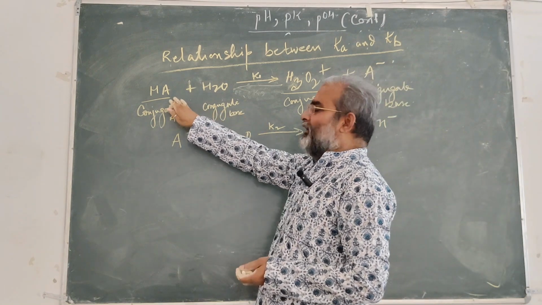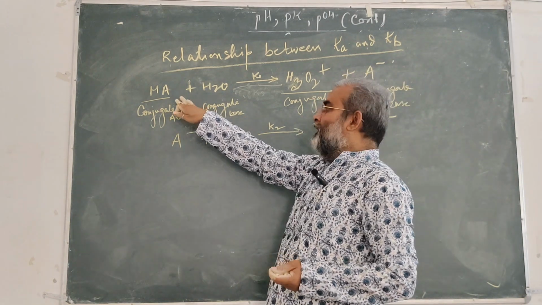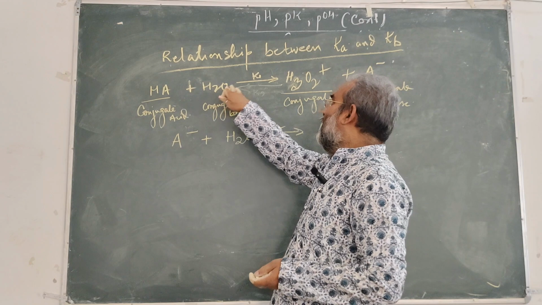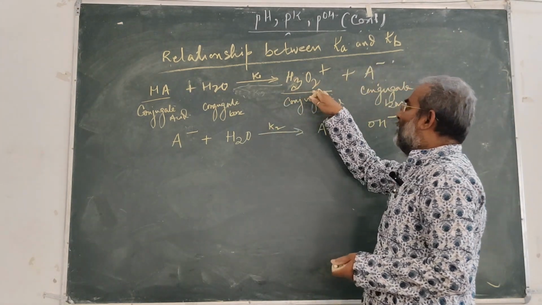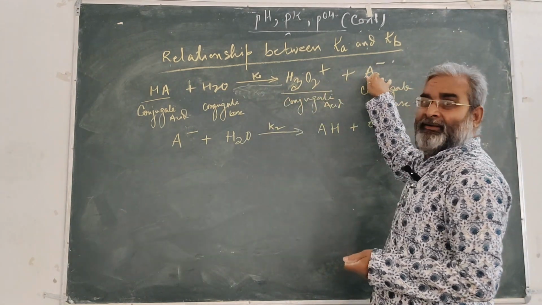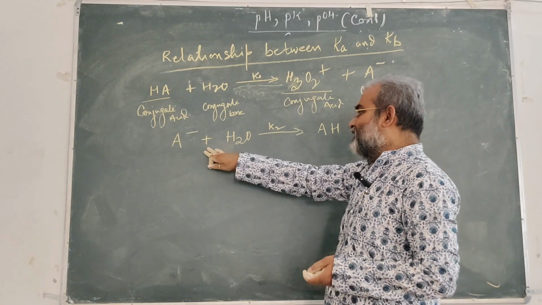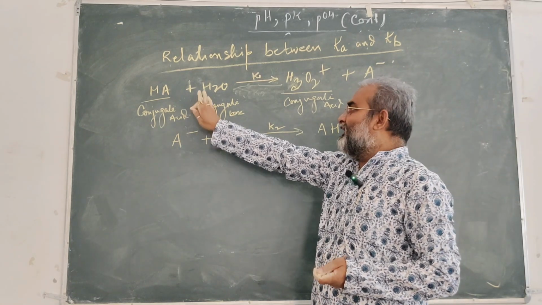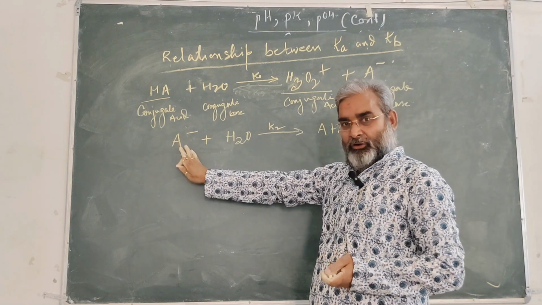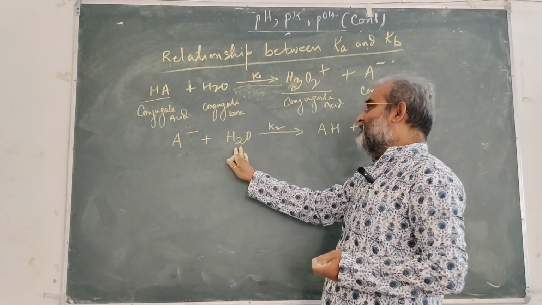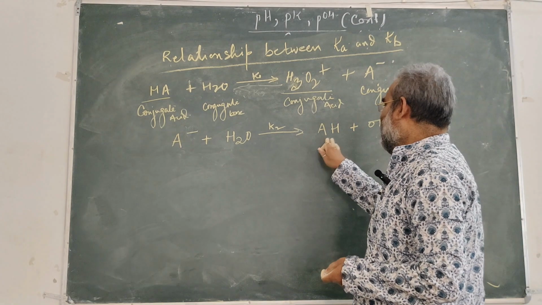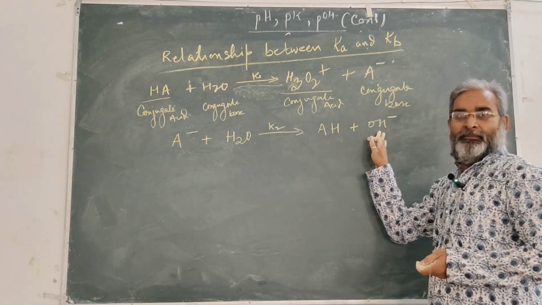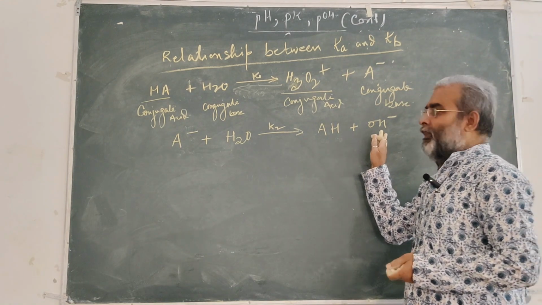Suppose here is the weak acid, it is associated with the H2O, forming H3O plus and A minus. Again A minus is associated with H2O; here it acts as the base. Here it acts as the acid. It is also a weak base. It is associated with the H2O, converted to HA and OH minus. Clear?